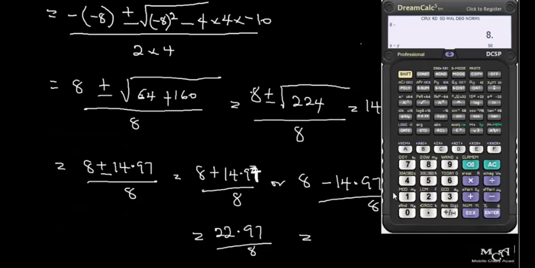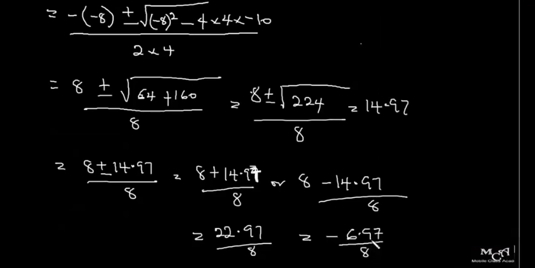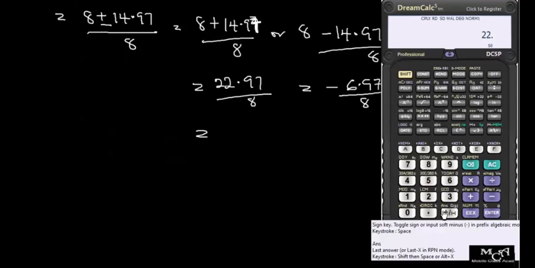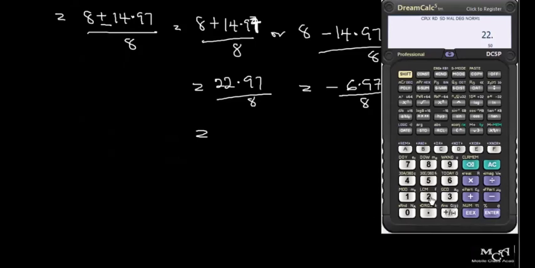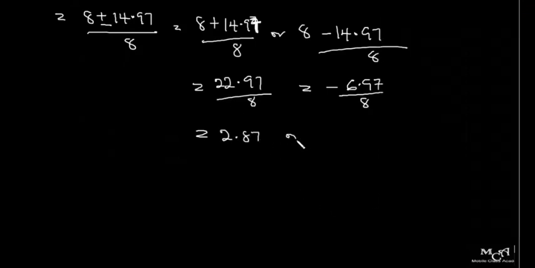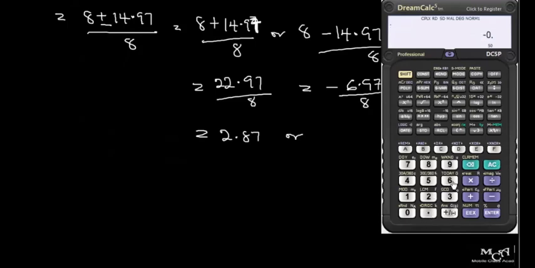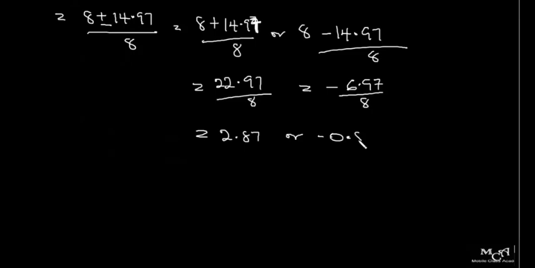This one is, let's use the calculator. 8 minus 14.97 is negative 6.97 over 8. So this will give us 22.97 divided by 8, which is 2.87, or negative 6.97 divided by 8, which is negative 0.87.